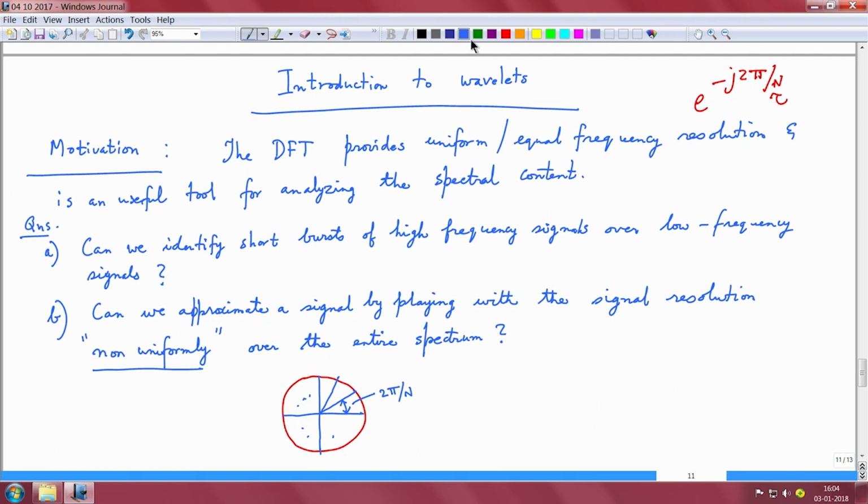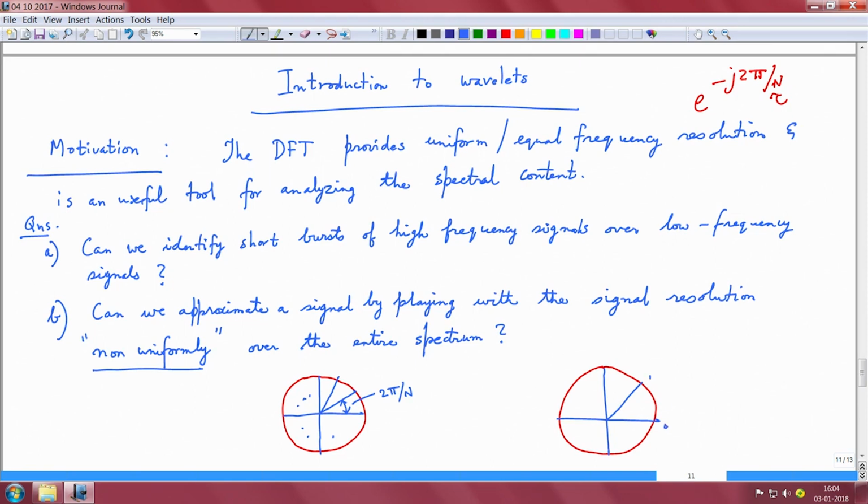But in the case of wavelets, one can think about having resolutions which are different for different frequencies. For example, I can split this in the band from 0 to pi by 2 to 0 to pi by 4 and pi by 4 to pi by 2.